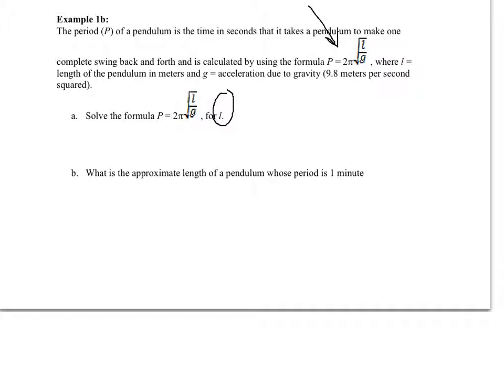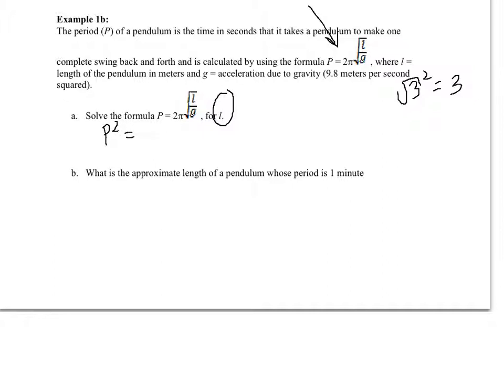Well, the first thing we notice is there's a square root. So those square roots we got to get rid of right away, if we can. In this case, we need to square everything, and that will get rid of it. Just like the square root of 3 squared equals 3. If we square everything, we'll get rid of that square root. So let's square the p. So we have p squared.